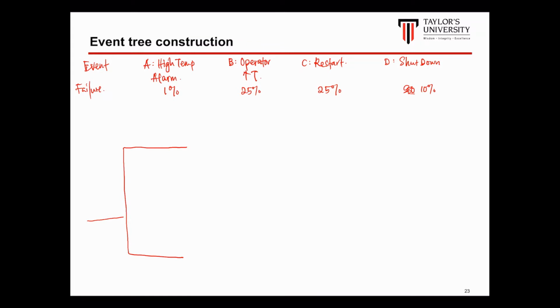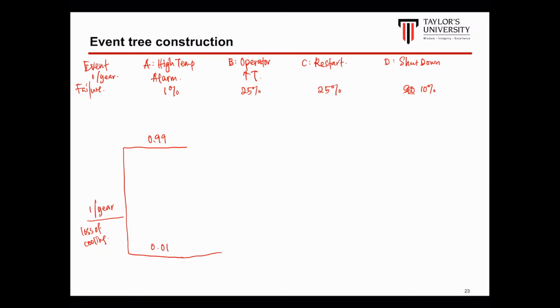If you are to construct this event tree, this is what I'm going to write. This failure is 1 per year. This is what we call the loss of cooling. The high temperature alarm will tell us 99% of the time, so 0.99, it will be successful, and 1% of the time it will fail.